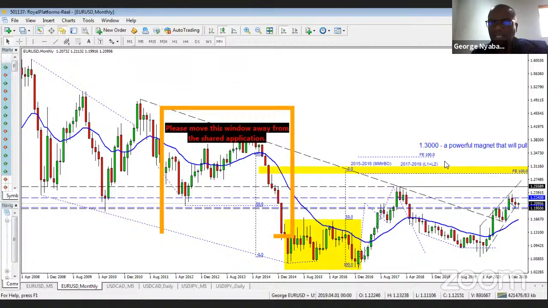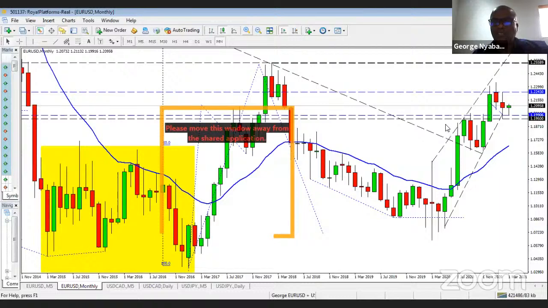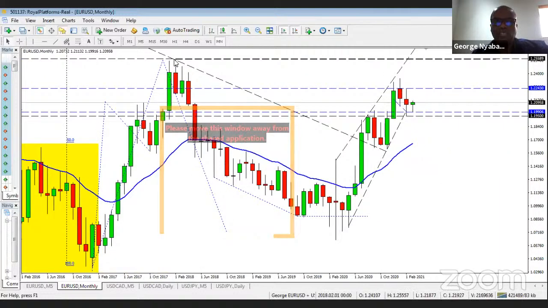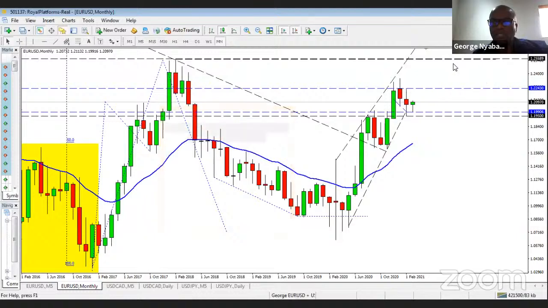So that magnet is still very, very attractive for them, the 1.3. So bulls will keep on finding opportunities to take trades, and they'll carry on. But as far as we're concerned, trading on the lower time frame chart, we've got that high marked, and we'll observe it as we go down to the lower levels.